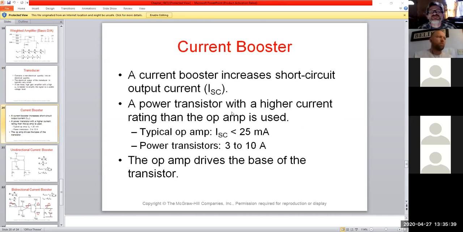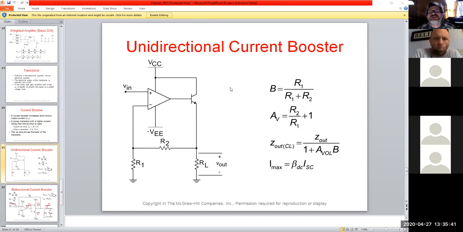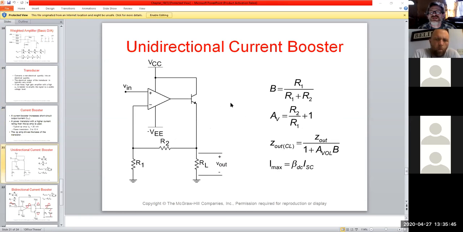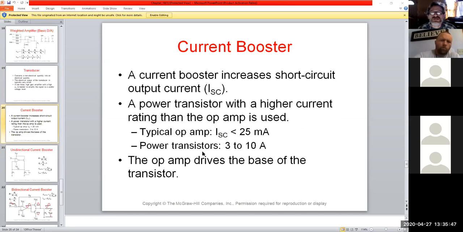Then we get into current boosting, where op amps can give us a nice relative boost to our current, depending on the style that we use, right? So we can boost up our short circuit output current. Let's say we had a low signal level, but we wanted to actually drive something with it.